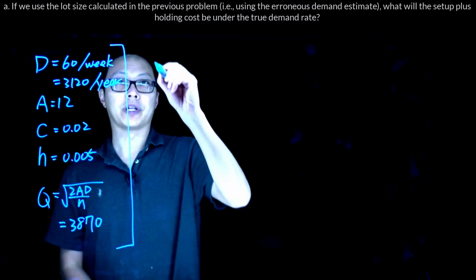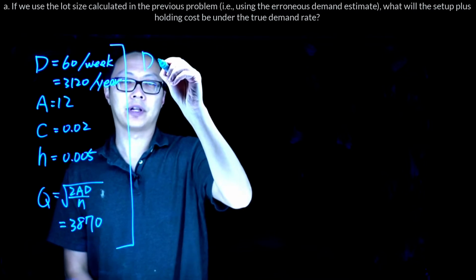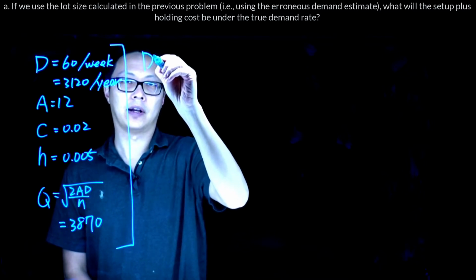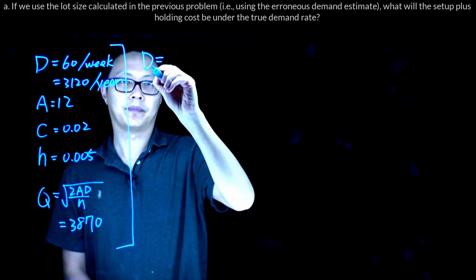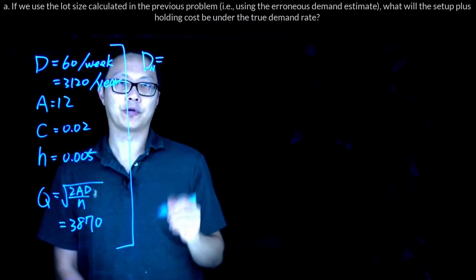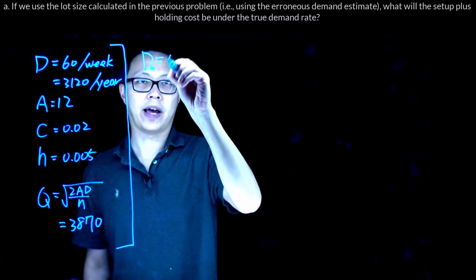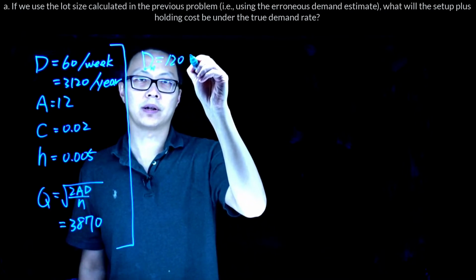So now we know demand is actually not 60. Let's put DN here to denote the new demand. This is actually 120 per week.